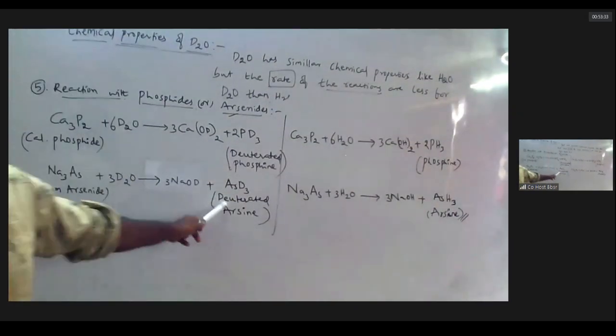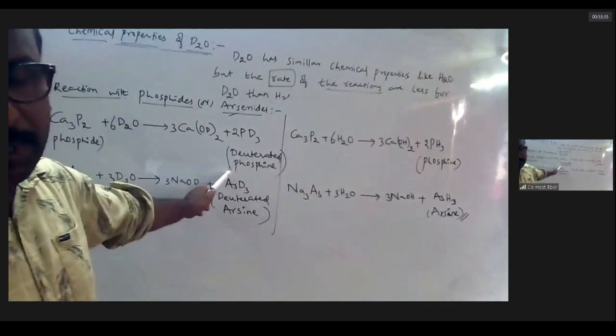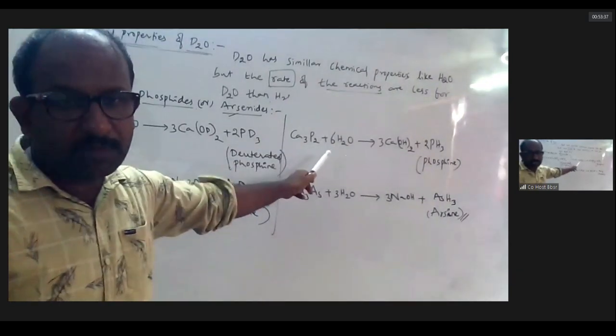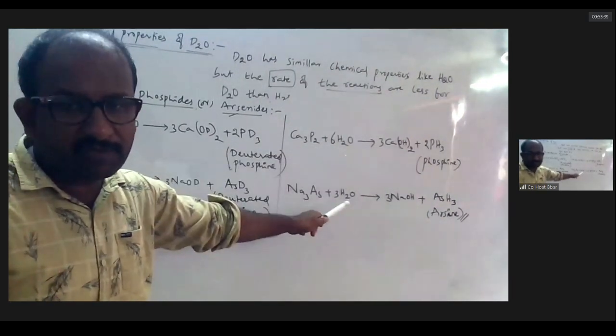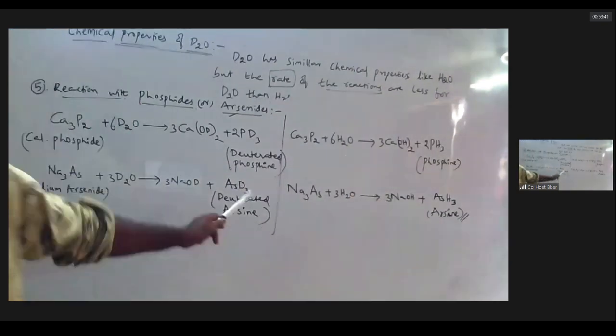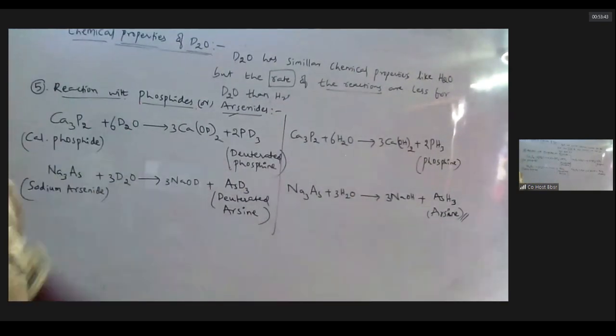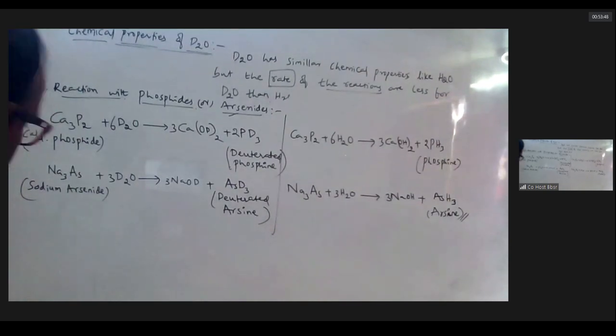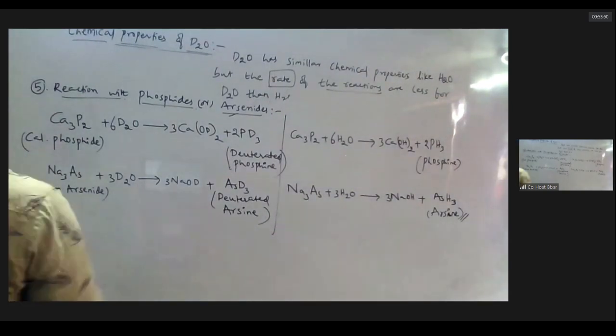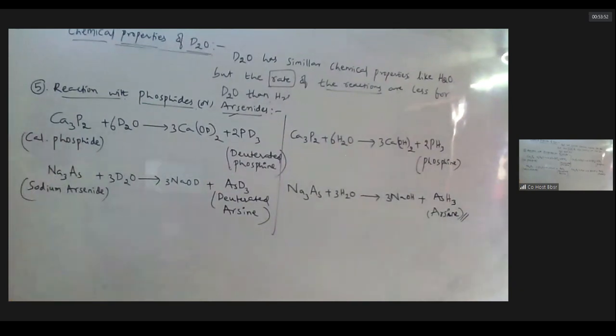That is deuterated arsine and deuterated phosphine. Normally with water, phosphides give phosphine and arsenides give arsine. With deuterated water, deuterated arsine and deuterated phosphine. Okay, so these are the reactions, right? Now, next one.